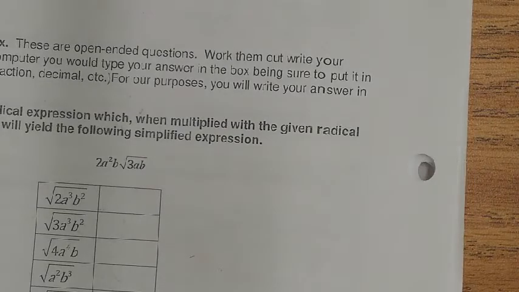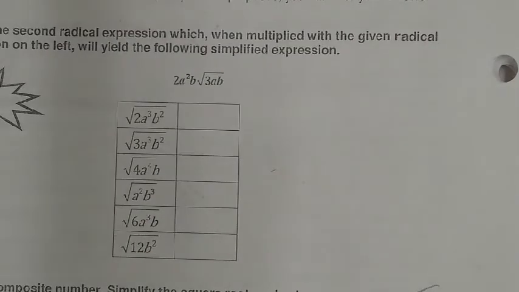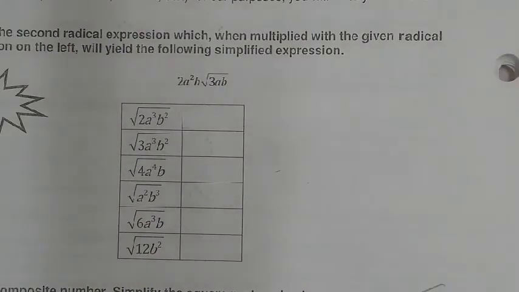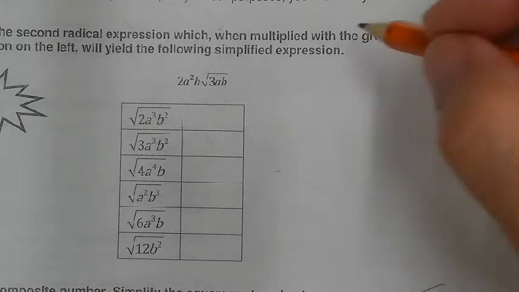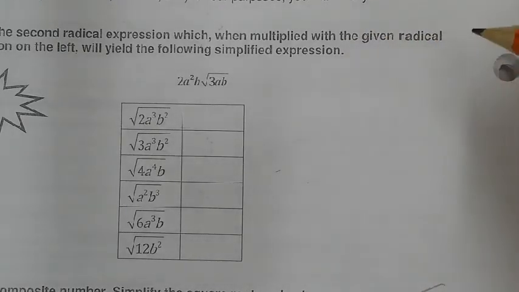All right, and then this one. I don't think that they'll have a question this complex on your SOL, but the concept is important. So type in the second radical expression, which when multiplied with the given radical expression to the left will yield the following simplified expression.